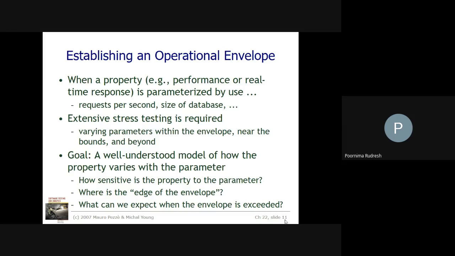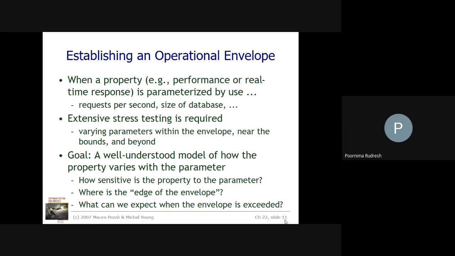So next, establishing an operational envelope when a property is parameterized by use. For example, the requests per second sent. When you are running the system or the program, you are giving the input, right? How many inputs you are giving per second also matters, and that relates to the performance.